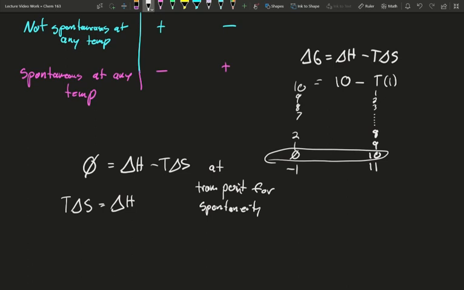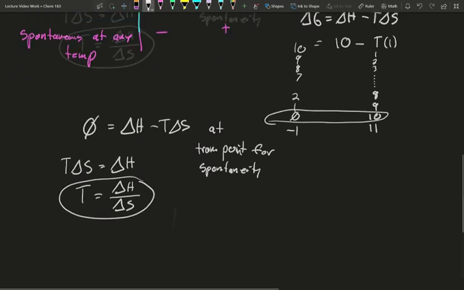We get this equation, divide by delta S. The temperature is going to equal the delta H of the reaction over the delta S. Make sure the units are the same, joules instead of kilojoules and joules. But this information allows us to actually identify at what temperature a reaction will change between spontaneous and non-spontaneous. So this is one thing that delta G can help us find.